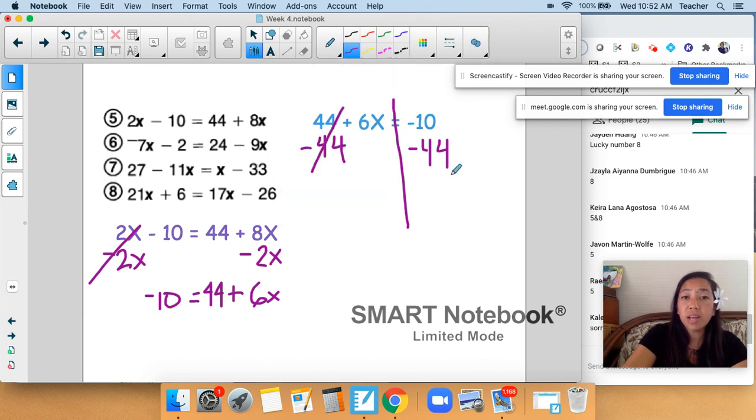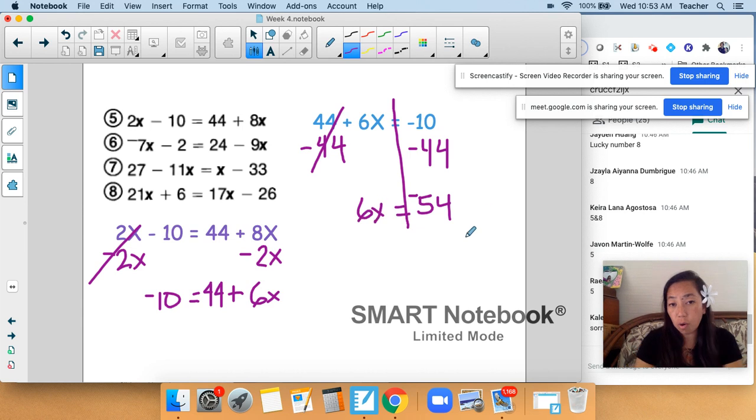I'm adding their absolute values: 10 plus 44 is 54. Same signs, add and keep the sign they have in common, which is the negative sign. So that means 6x is equal to a negative 54.